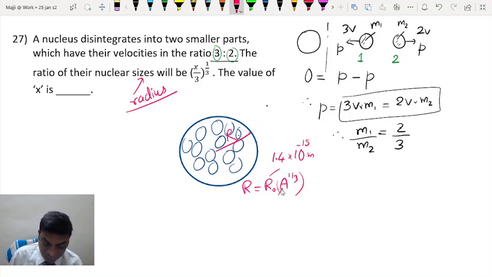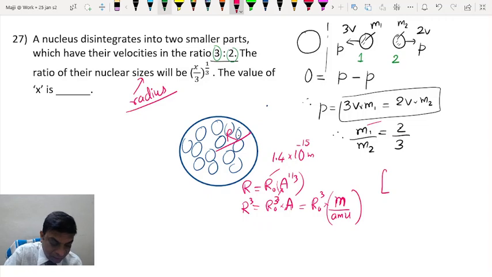And mass number will be proportional to mass. So if I cube both sides, I have r cube is equal to r naught cube into A. The mass number is nothing but the mass of the nucleus divided by a mu, because the mass of any nucleus is equal to the number of nucleons, which is the mass number, multiplied by a mu.